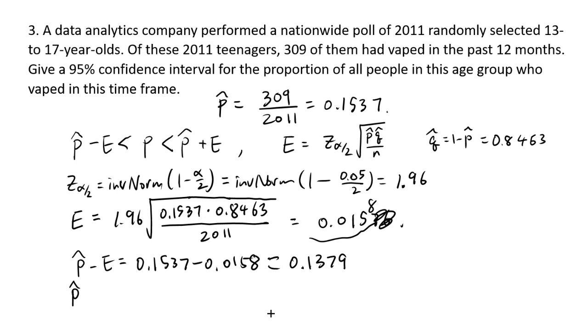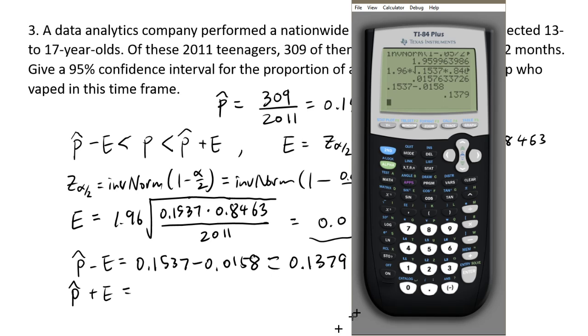On the other hand, P hat plus E is 0.1537 plus 0.0158, and it's 0.1695.